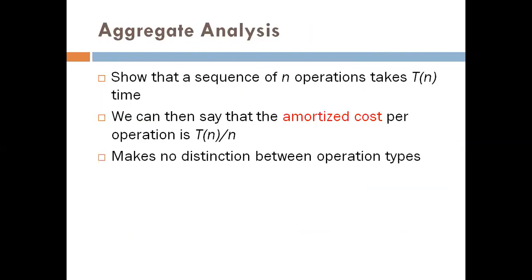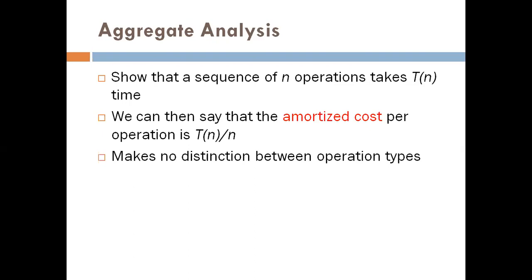So first approach is aggregate analysis. It is a kind of analysis in which the analysis is made over a sequence of n operations, and these operations actually take worst case time T(n). It means the sum of time required to execute all operations in a sequence is T(n).